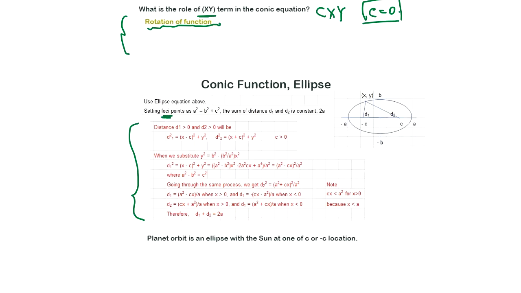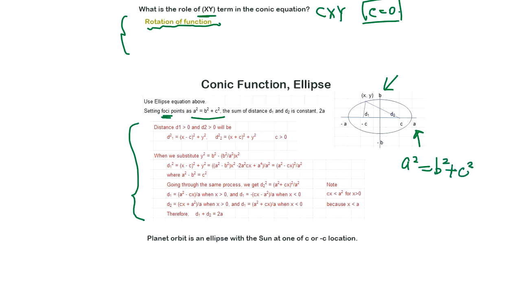There are two focus points. These foci, a square equals b square plus c square. Okay. This is the b. This is a square. The relationship is a square equals b square plus c square.